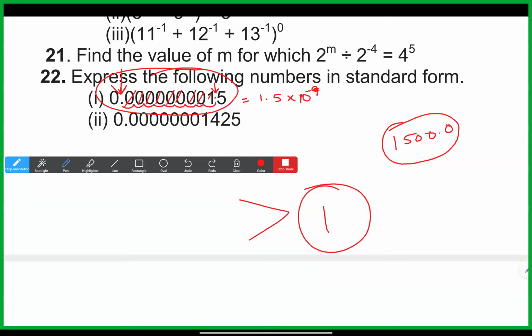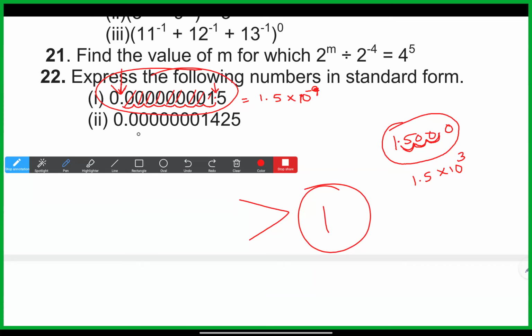Then I have to shift the decimal this side until before the decimal one non-zero digit comes. 1, 2, 3. So 1.5. I shifted 3 places, so this time into 10 power positive 3, because 1500 is more than 1. To remember easily: bigger numbers get positive power, smaller numbers get negative power. Smaller numbers means less than 1. If you write bigger numbers in powers of 10, you will get positive power.